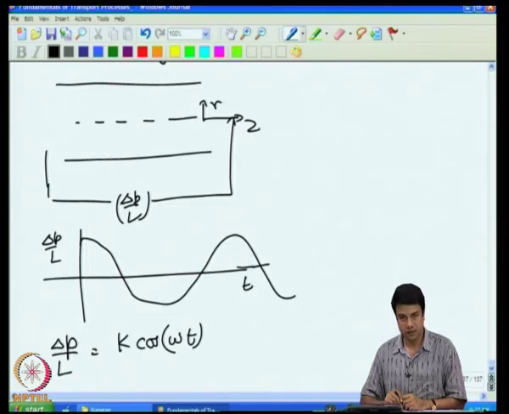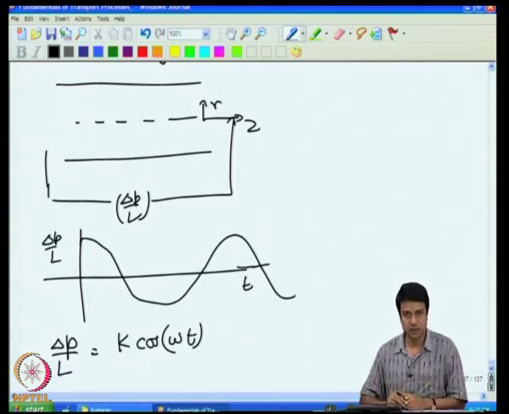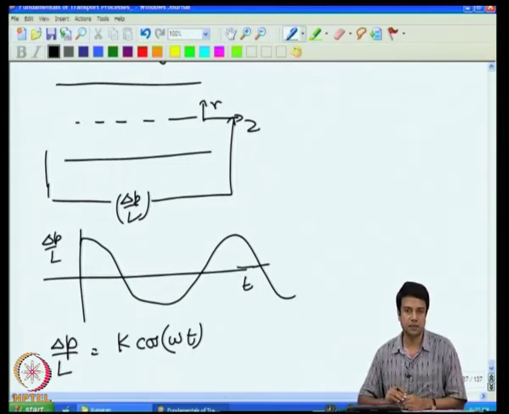This is of course encountered in biological systems. In the human body, you know that the heart pumps in an oscillatory manner, and therefore, the flow through the blood vessels is actually oscillatory in nature. There is a steady component also, but as I told you earlier, by linear superposition we can add up the flows due to the steady and the oscillatory parts.